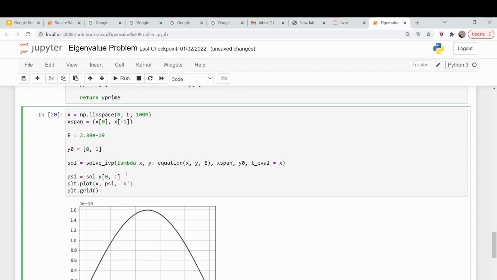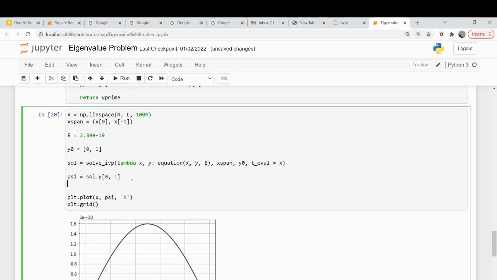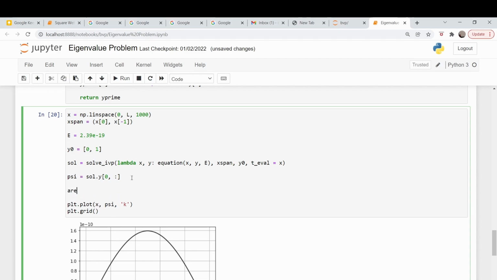So we need the area under basically psi squared. Let us do this. Let's say area is equal to np.trapz, and the function that we want to integrate is psi squared, and we're integrating with respect to x.